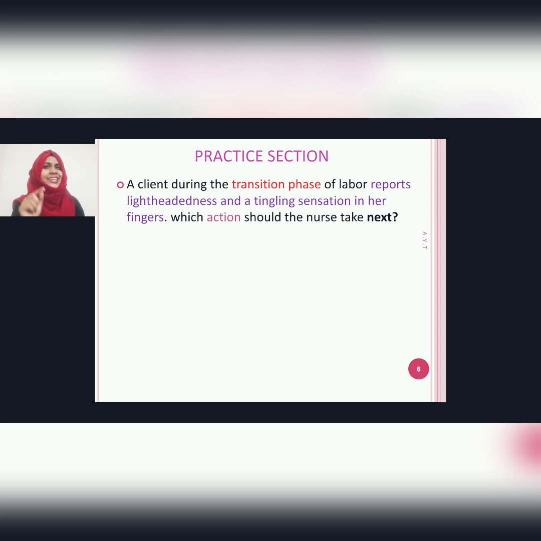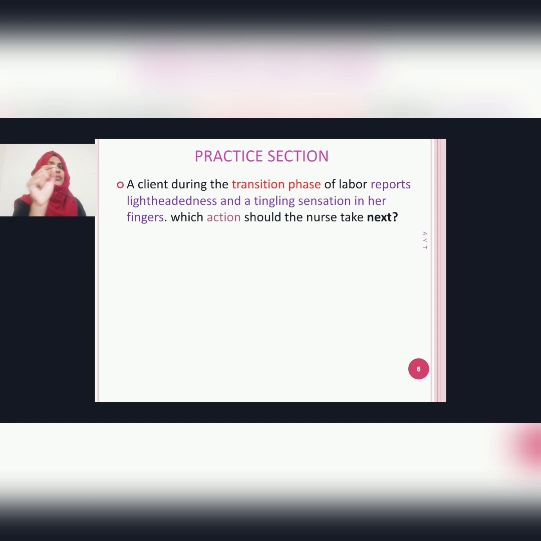So here the client is in the transition phase. You know, in labor we have 4 stages. The first stage includes latent, active and transition phase. In the transition phase, the cervix will be fully dilated and the lady is going to deliver, or she has some exhaustion from the labor.